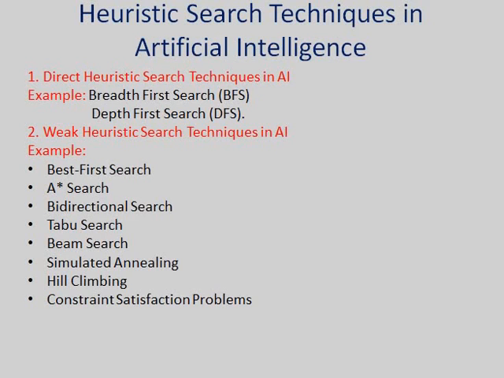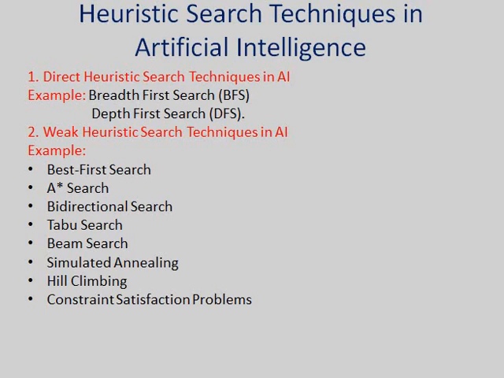In heuristic search, there are two basic techniques. One is direct heuristic search and another one is weak heuristic search. The direct heuristic search is also known as blind search or uninformed search, or a blind control strategy.